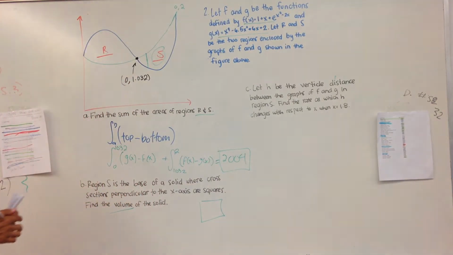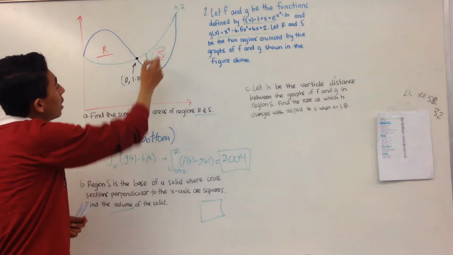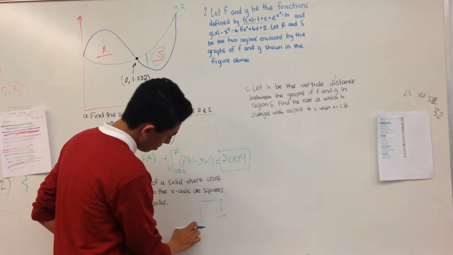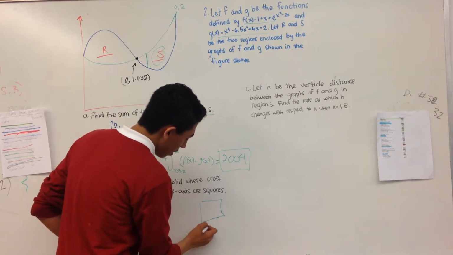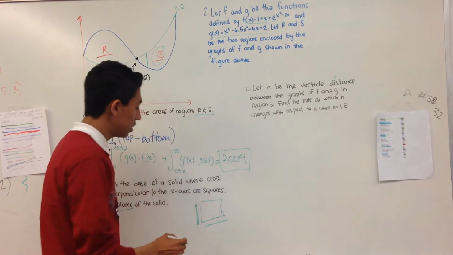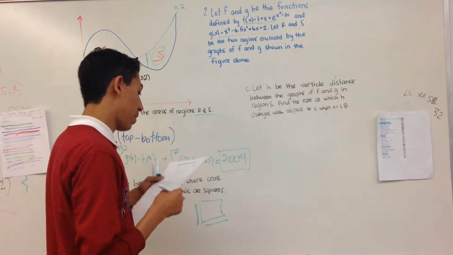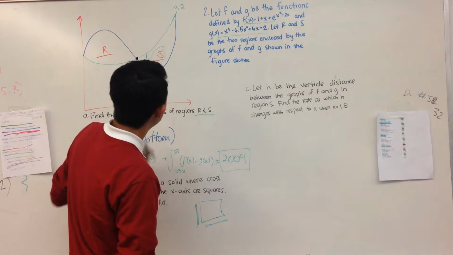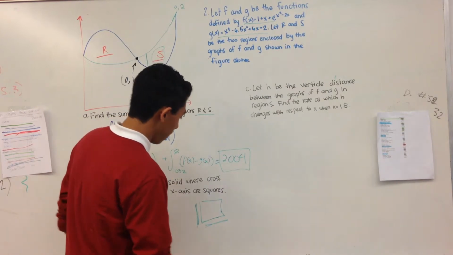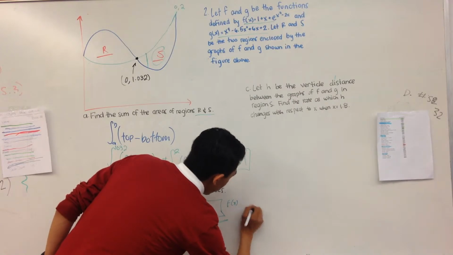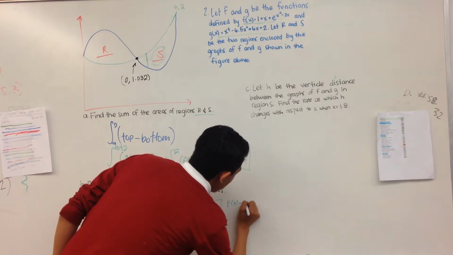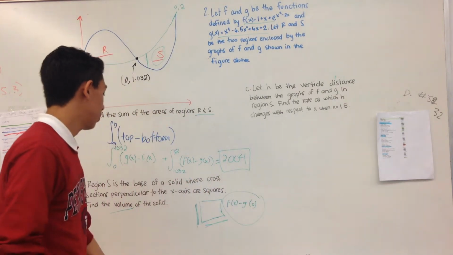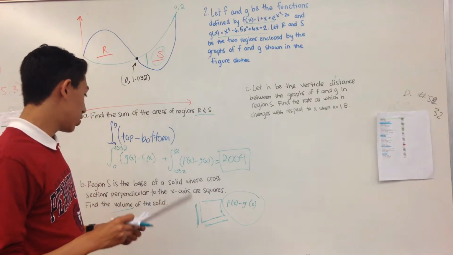In order to find the volume of this solid for region S, we need to know what the base is, and then the height, which in this case would be the top function minus the bottom function. That would give us f of x minus g of x. This is your cross section for the squares.